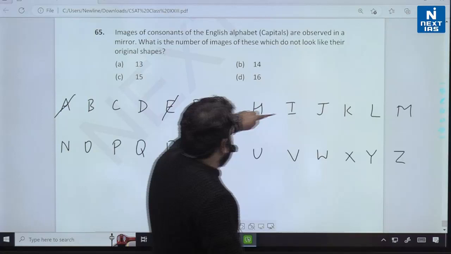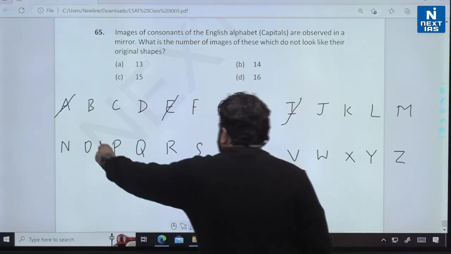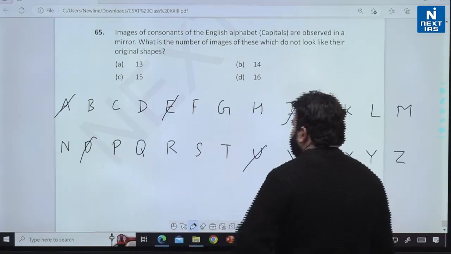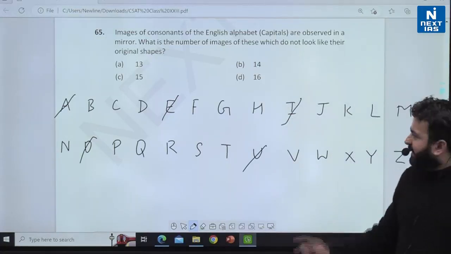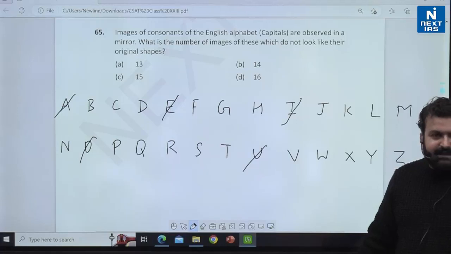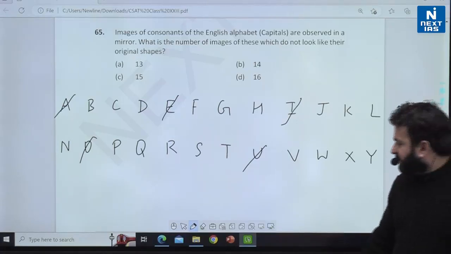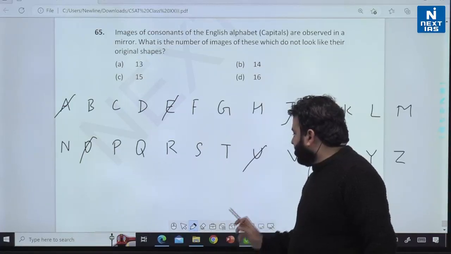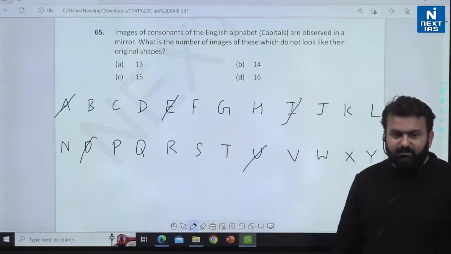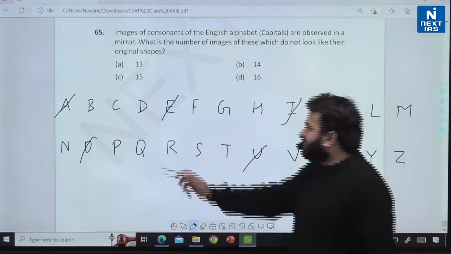First, A, E, I, O, U. All of you, leave A, E, I, O, U. Now 21 consonants are there. Now let's see how many consonants will look exactly the same in the mirror.